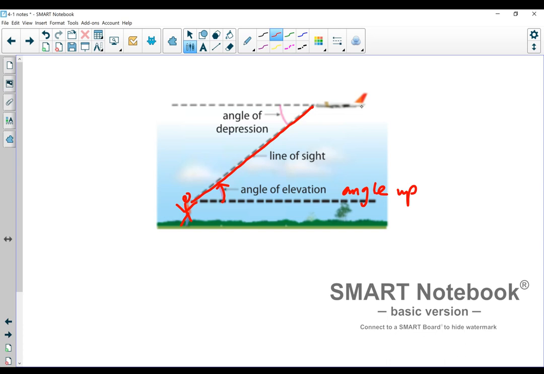But then here, I think this looks like an airplane, only I don't know how to draw an airplane. So that's pretty close. From my airplane, I have this angle of depression. And that's going to be an angle that goes down, right? So just to kind of help you when you're drawing out word problems. So this is the end of our 4-1 notes.